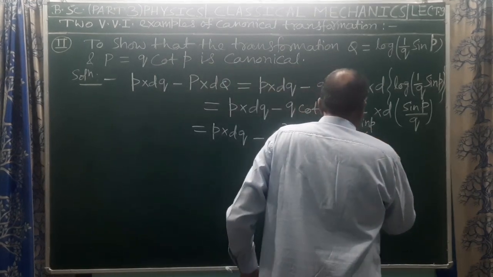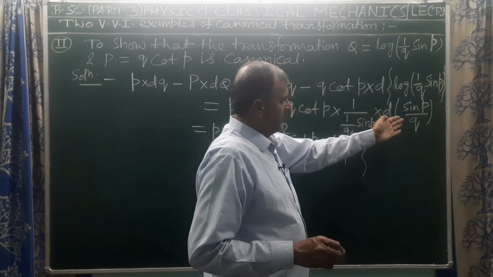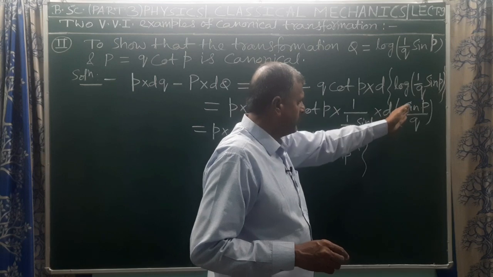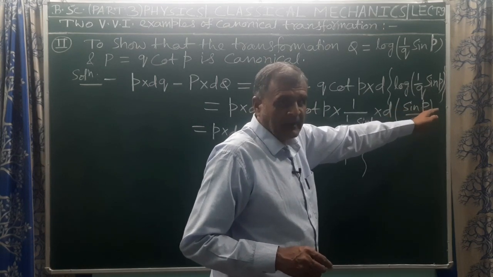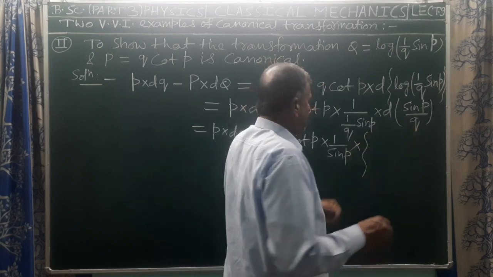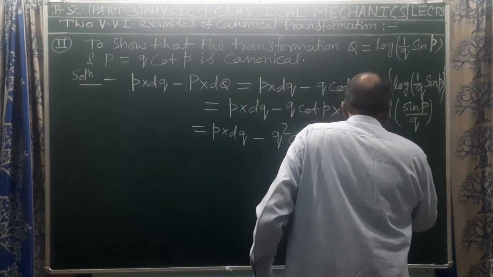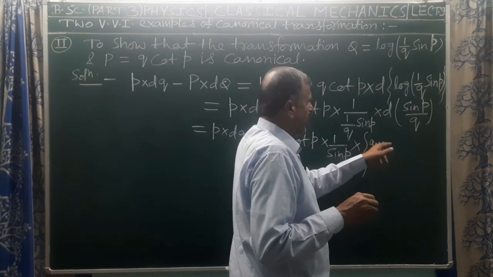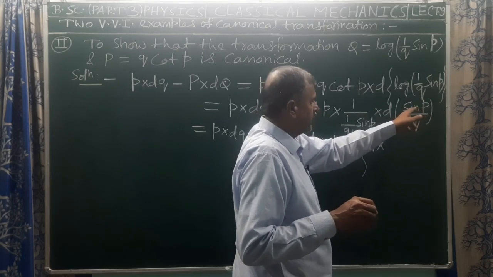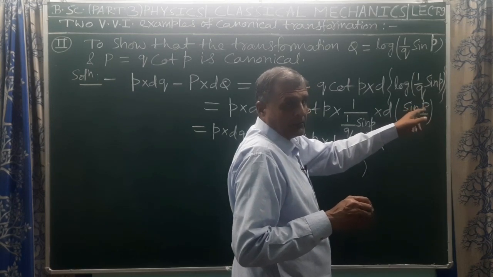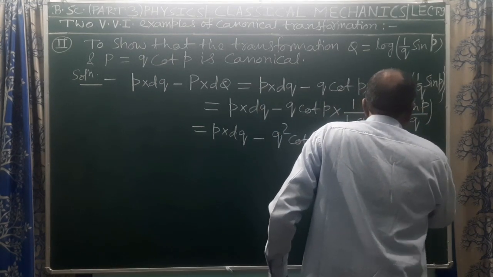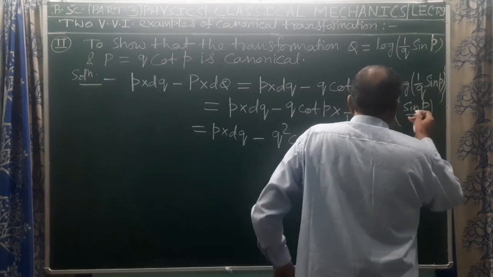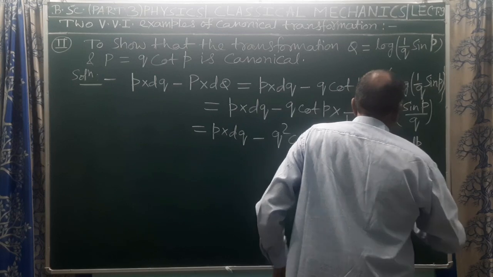So we have in this term inside the bracket, the differentiation of sin p upon q. Sin p is present in the numerator and q in the denominator. So taking the denominator q as constant using the formula, q is constant and d of sin p, the differential coefficient of the numerator, is cos p and d of p, that is dp. It is exact differentiation, and minus, the second term is negative.